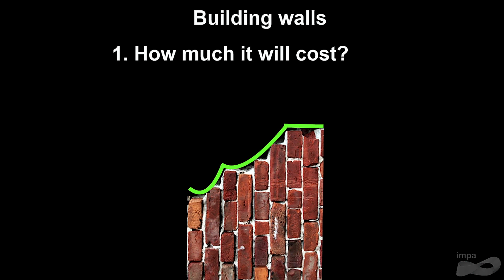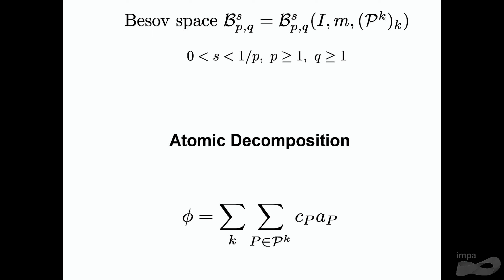So the great question when you're building a wall is how much it is going to cost, right? There are many ways to build the same wall. You can use these bricks to construct this wall, but there are many ways to build it. So the question is, what's the most efficient way to build the wall? That's the idea of atomic decomposition. So how do you define the Besov space?